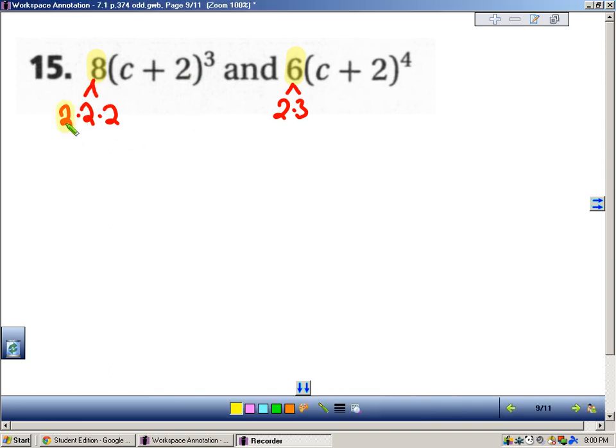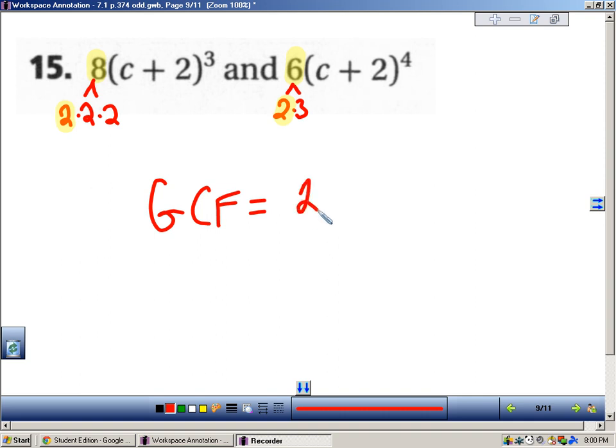A 2. So I know that my GCF is 2. Now, what about the other part, the x plus 2? Well, which one of these has the lowest power? That would be 3, right? And so it's 2 times the quantity c plus 2 to the 3rd power. That would be my GCF.